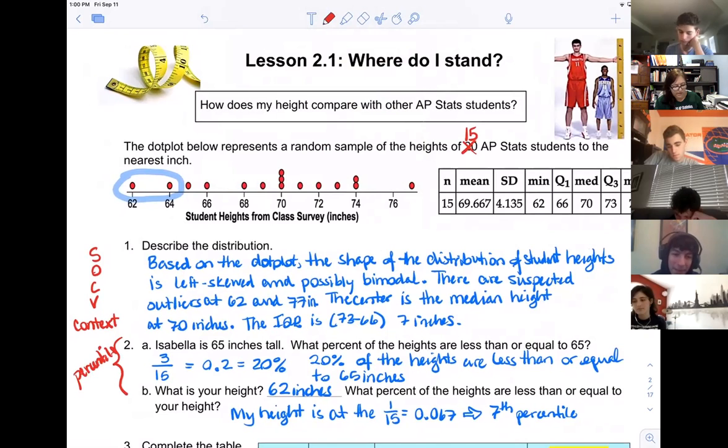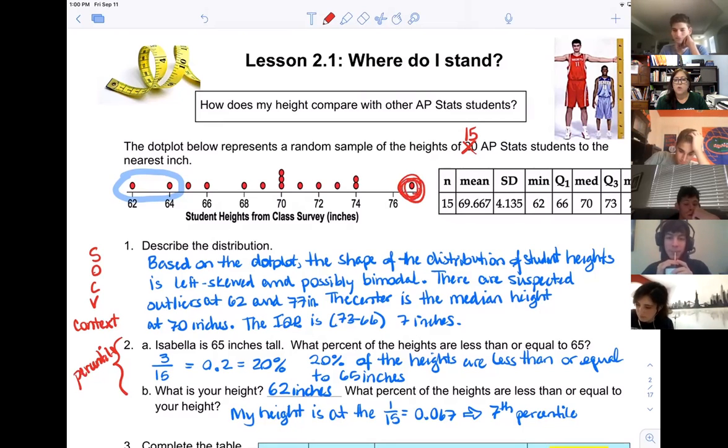Josh, what was your percentile? Oh, 6.66 or 6 repeating percentile. Okay. Or 15. So what you would have done is you would have found yourself, so this is you, right? So how many are at your height or below you? My bad.